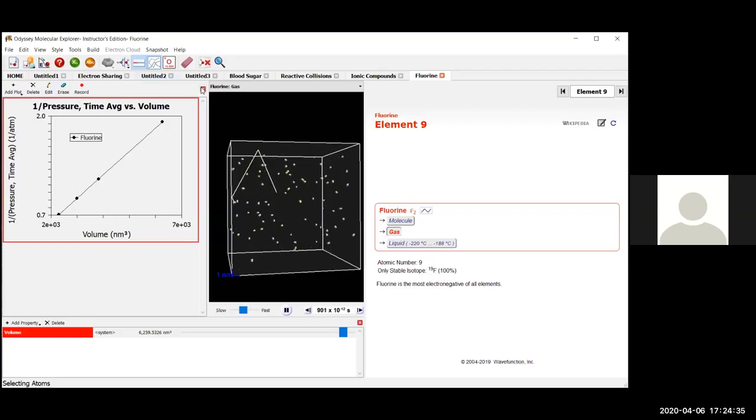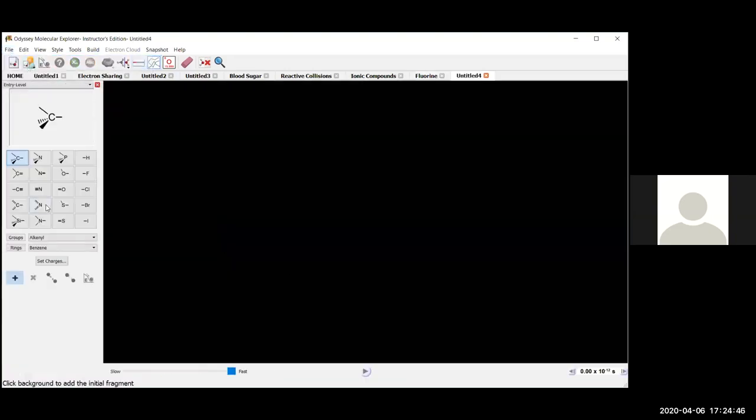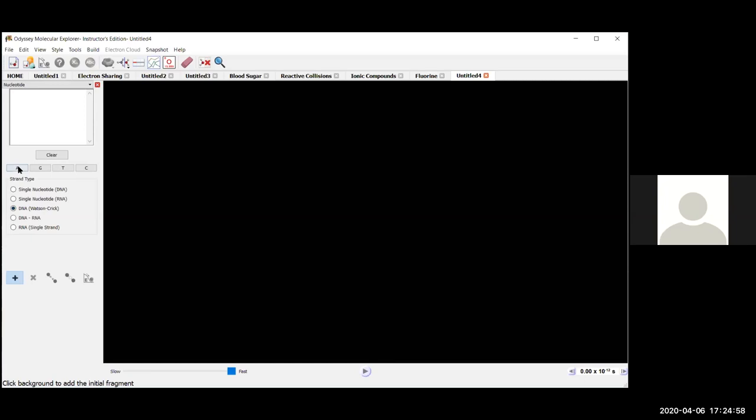Okay, last example, I will build something biological. So Dr. Shyam already did a peptide. I will build something here, a piece of DNA, Watson-Crick DNA, by going to the nucleotide builder. Just as he showed a random sequence of amino acids, I will choose a random sequence of base pairs.